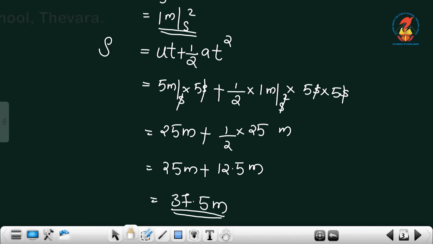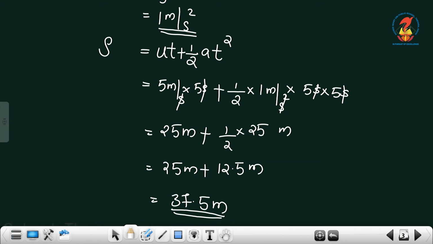If you are asked to calculate acceleration, find the acceleration using the equation a equal to v minus u by t. If you are asked to calculate distance, then if time is given, you can use the equation s is equal to ut plus half a t square. Otherwise, you can use the equation v square minus u square equal to 2as. Okay.